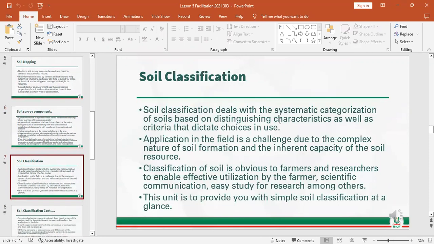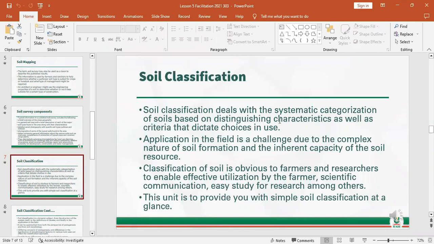Now, soil classification deals with the systematic categorization of soils based on distinguishing characteristics and criteria.